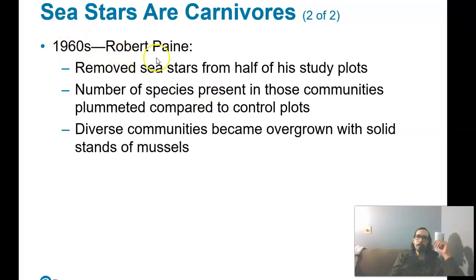So in the 1960s, Robert Paine removed sea stars from half of his study plots, okay, and the other half were control plots where he didn't remove the sea stars. And he saw that the number of species in the communities where he removed the sea stars plummeted. Okay. So where before you would have a higher diversity of algae and other animals, other invertebrates, when you remove the sea stars, those communities just became overgrown with strands of mussels because that's what the sea star eats, or that's the main thing that they prey on.